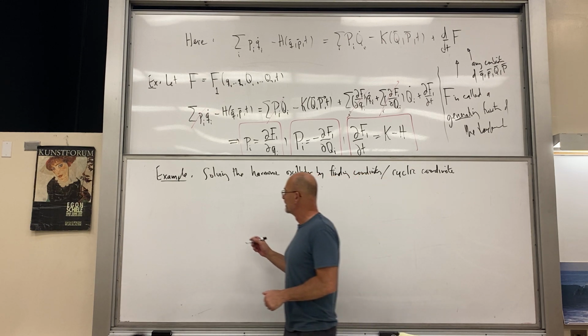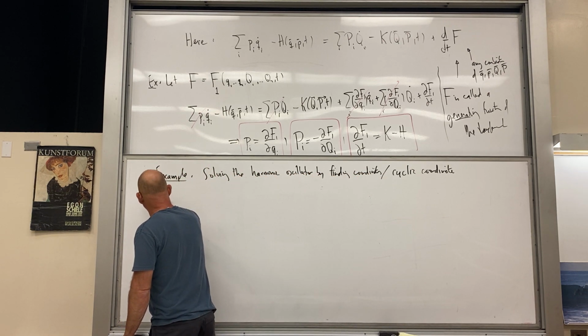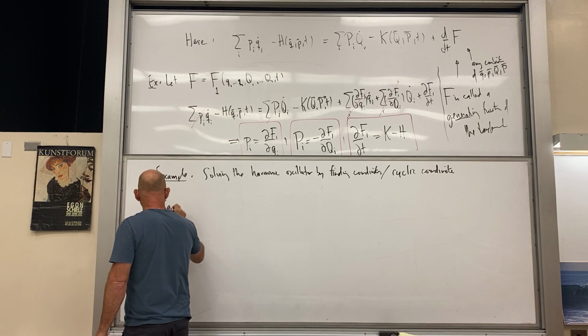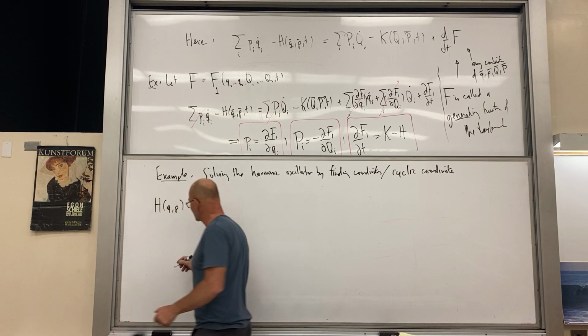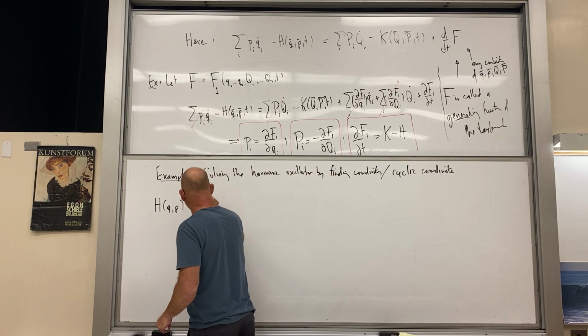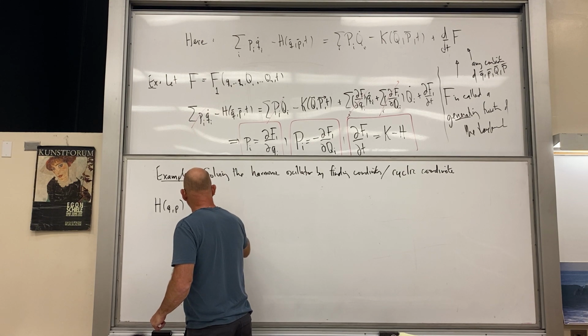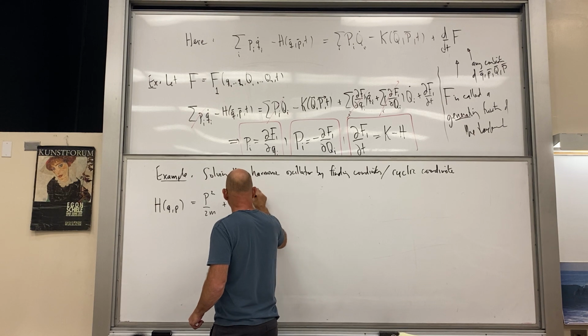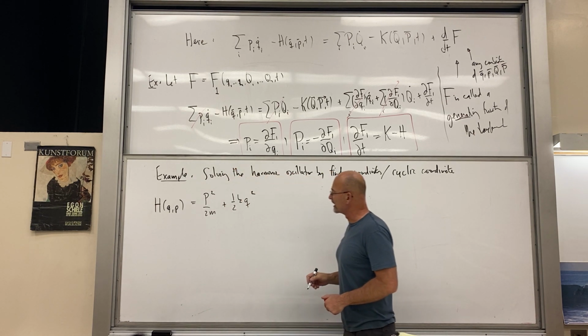And what we're going to do is start with the Hamiltonian of Q and P. There isn't going to be any time dependence in the harmonic oscillator. So of course we know that's just P squared over 2m plus 1/2 K Q squared. That's our harmonic oscillator.